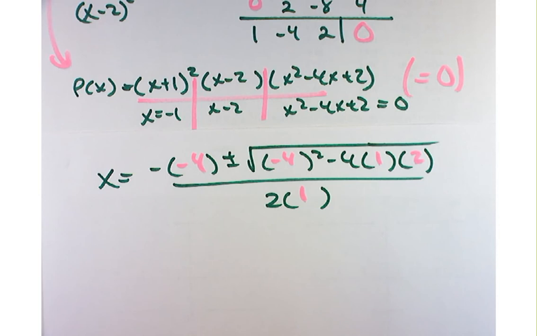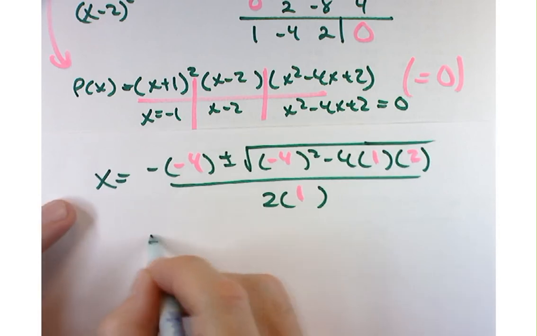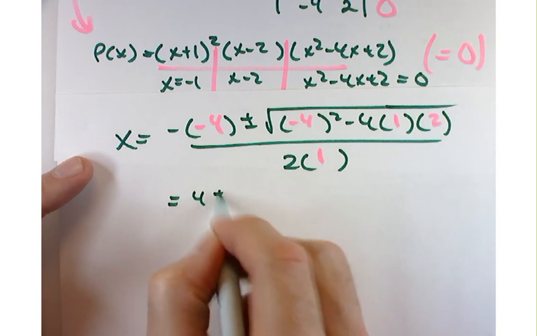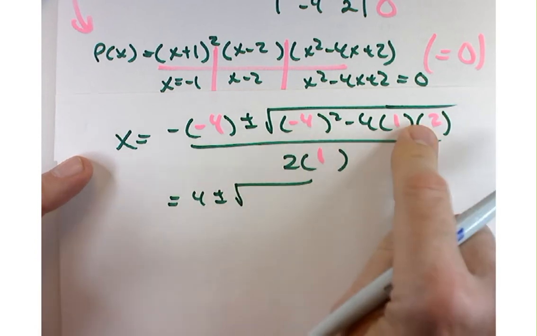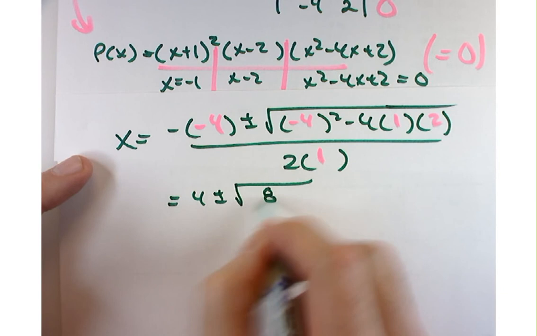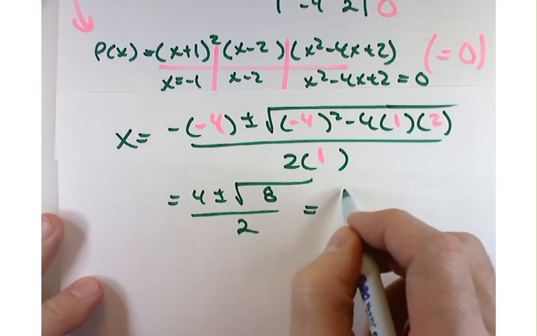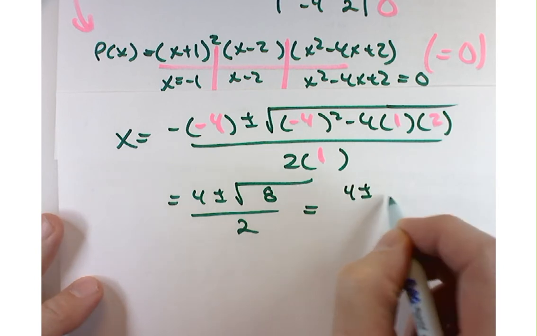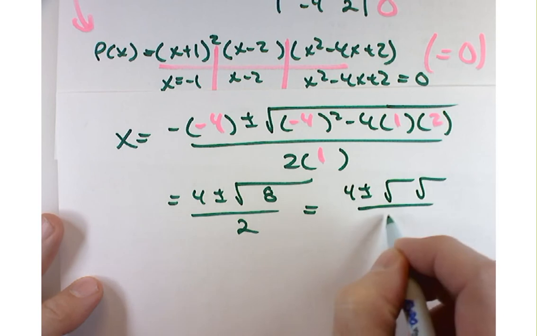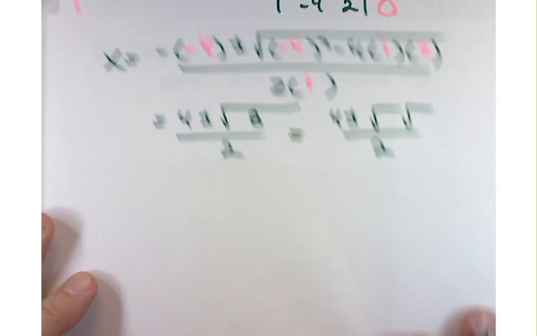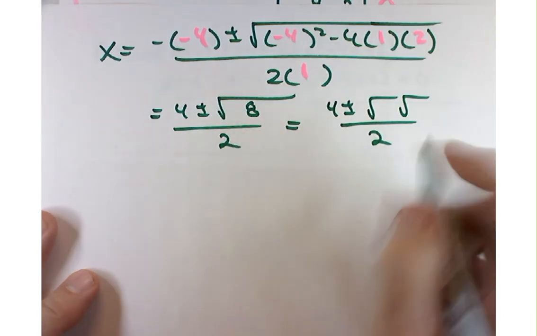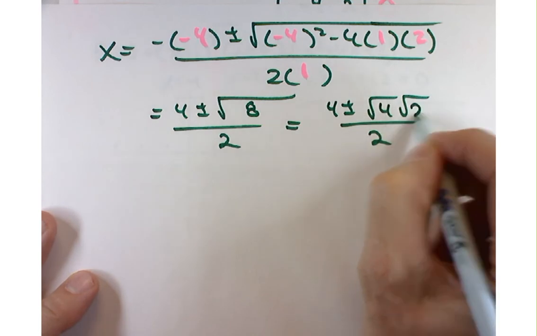So if we carefully account for that double negative, we'll end up with 4 plus or minus the square root of 16 minus 8, which would be 8, over 2. Okay. Let's clean this up a little bit. This is going to be 4 plus or minus the square root of 4 times the square root of 2. The square root of 8 splits up into the square root of 4 times the square root of 2.